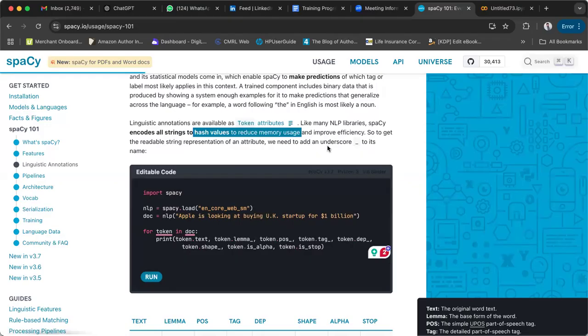Normally, if you are just executing a program, it immediately goes to your RAM. That is a temporary storage or buffer storage in your memory. I think we already discussed that. Okay. So these hash values do not come directly into your RAM. Before that, there is some kind of alignment.